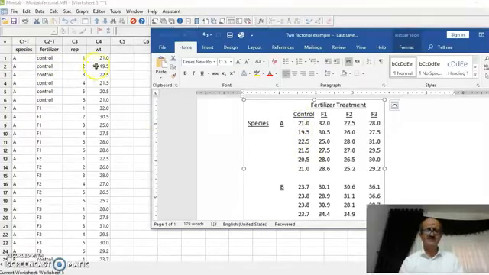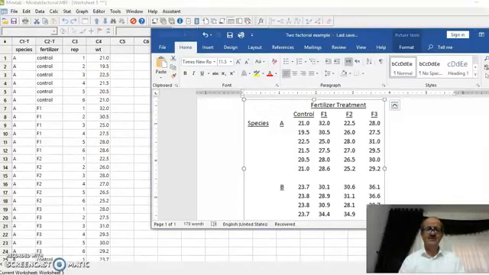The first observation, from replicate 1, was 21, the second 19.5, the third 22.5, etc. Then we move to the next treatment, A with F1, which is treatment 2, and these are the observations obtained from the experiment. So this is the way we entered the data in the Minitab spreadsheet.